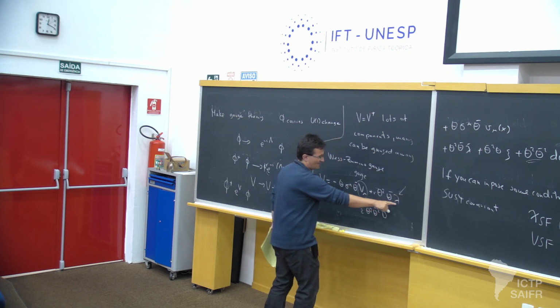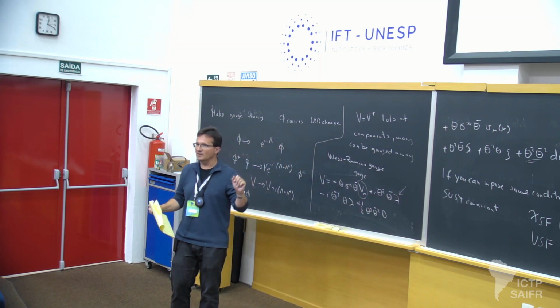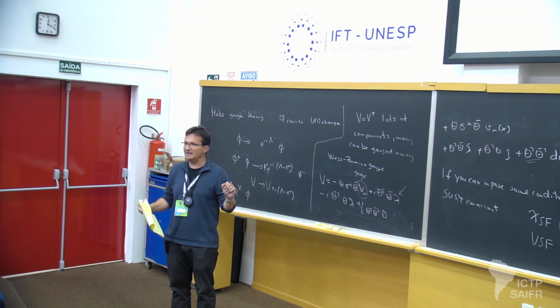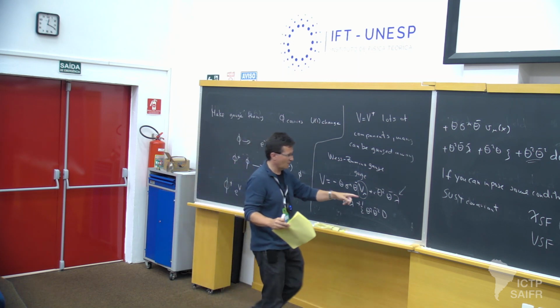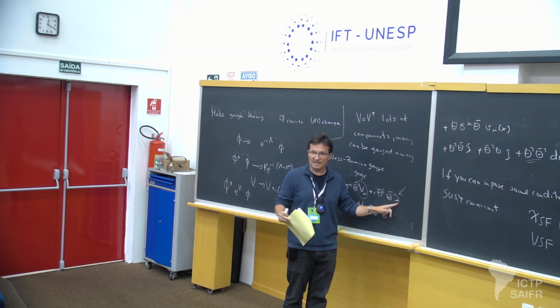Lambda is a fermion. Yes, it has a theta squared theta bar, so there is an odd number of Grassmannian superspace coordinates. So lambda is a fermion. That's called the gaugino.